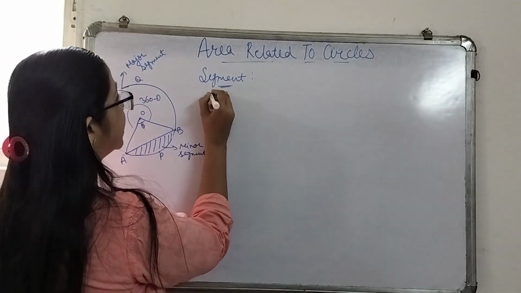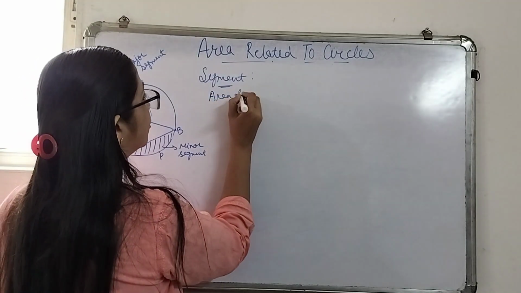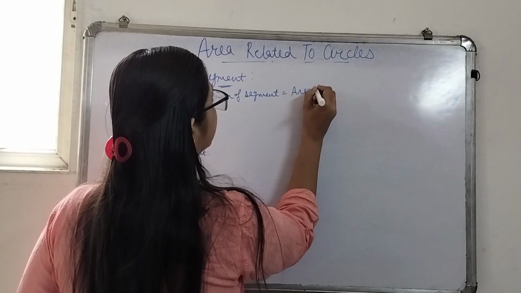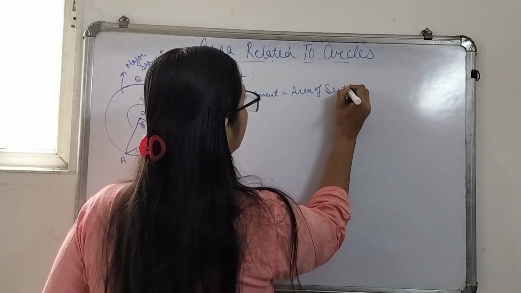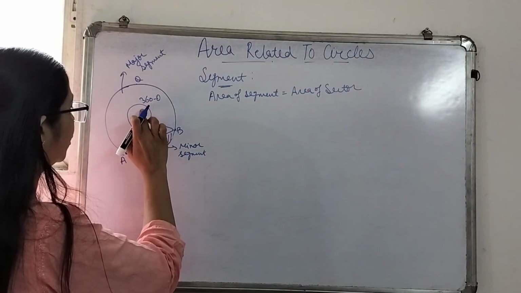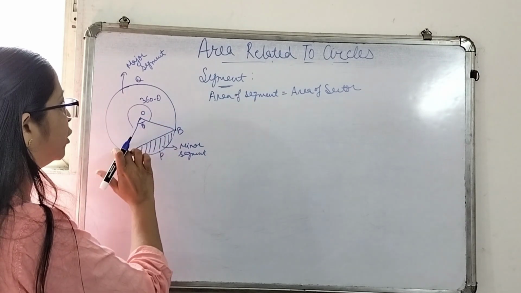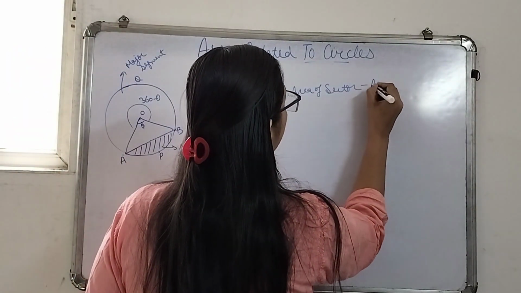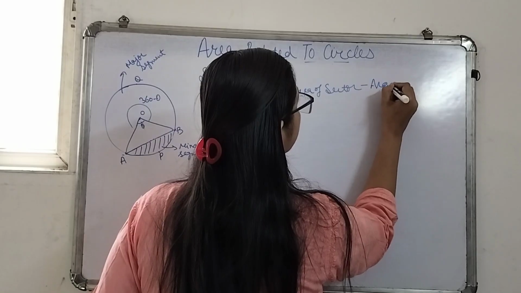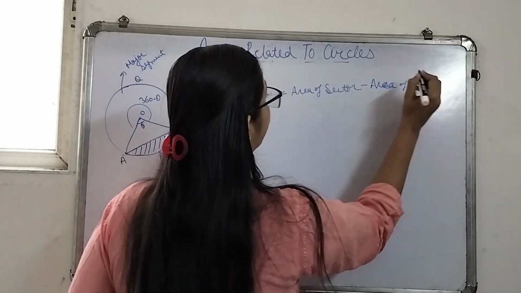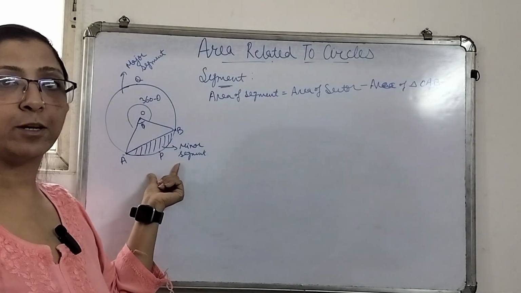So area of the segment could be written as area of sector, from this whole area OAPB, if we subtract this portion, that is area of triangle OAB, then we will get area of the segment.